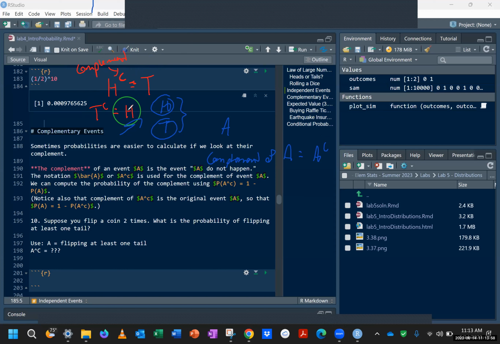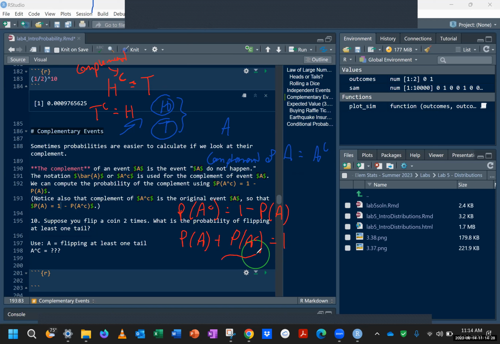So what's really useful about complementary events, if you like taking notes, is this formula here. It's kind of hard to see in R, but if I put my cursor there, it tells me that the probability of A complement is equal to 1 minus the probability of A. Or another way to write this is probability of A plus probability of A complement is 1.